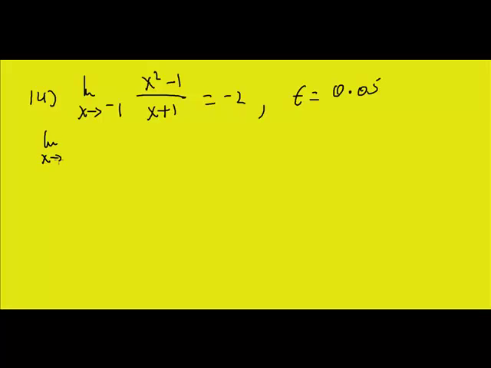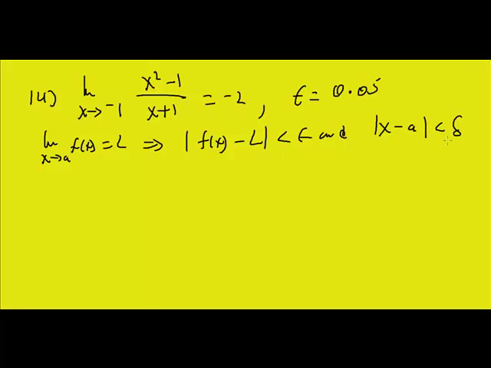Again, I'm going to use my limit definition. The limit as x goes to a of f of x is equal to L implies the absolute value of f of x minus L is less than epsilon, and at the same time the absolute value of x minus a is less than delta, and both epsilon and delta are greater than 0. Alright, so let's plug in everything we have.